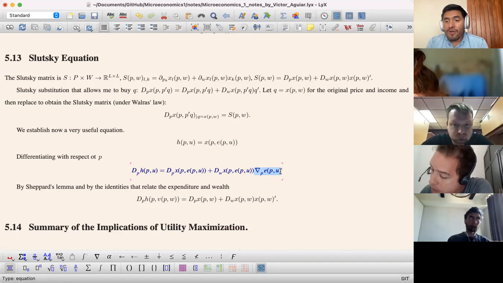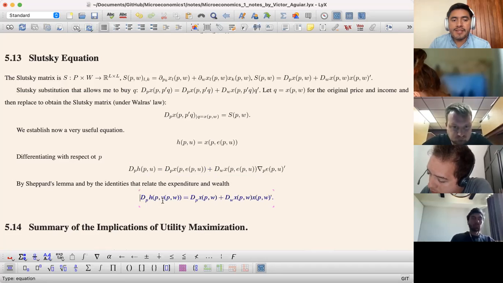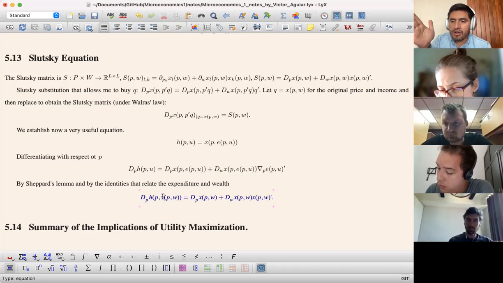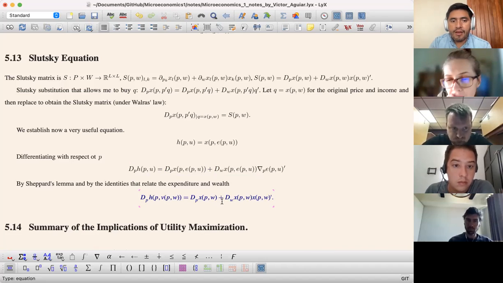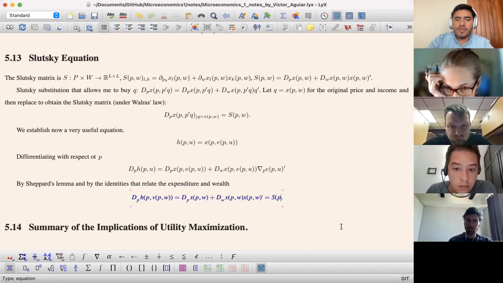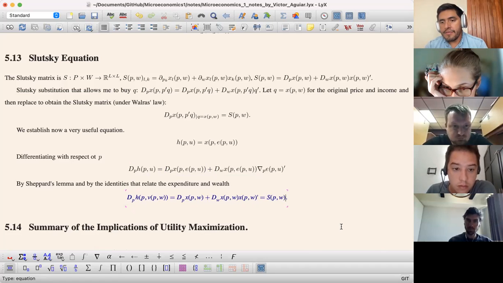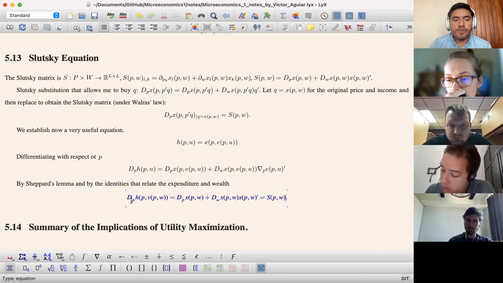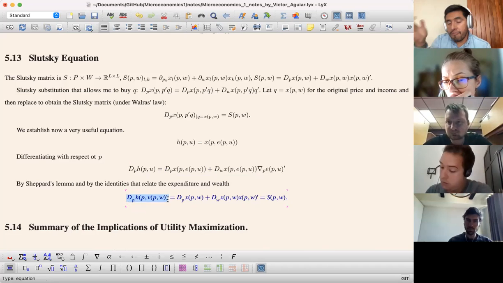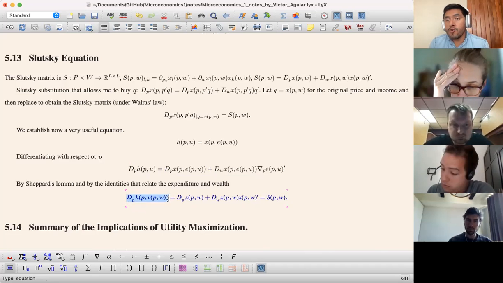Now, put everything together and replace the utility by the indirect utility at a fixed level of income, W. By replacing at the same time, I obtain the Slutsky matrix. This equality of the substitution matrix of the Hicksian evaluated at the indirect utility V(P,W) and the Slutsky matrix of (P,W) is what is called the Slutsky equation.